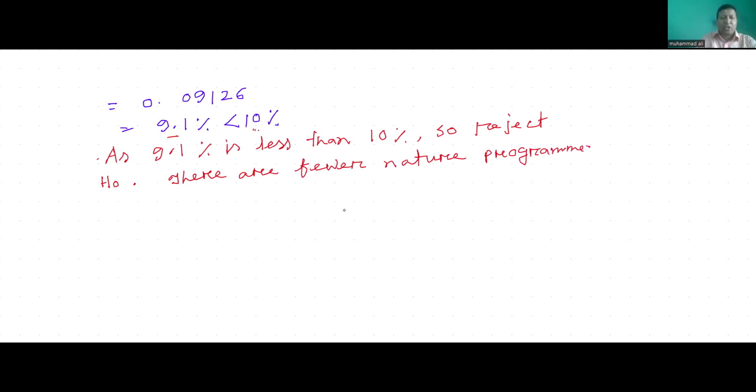Part C: if it is the 5% level of significance, is 9.1% less than 5%? Oh sorry, it is greater than 5%. When it is greater than 5%, we accept H0.